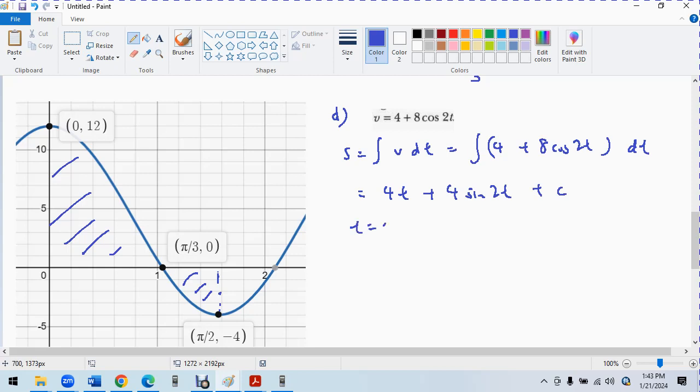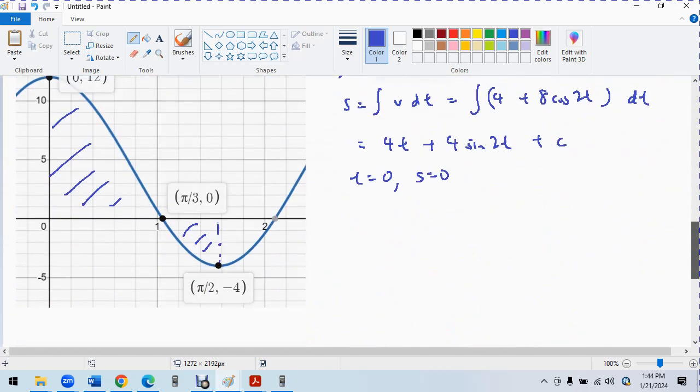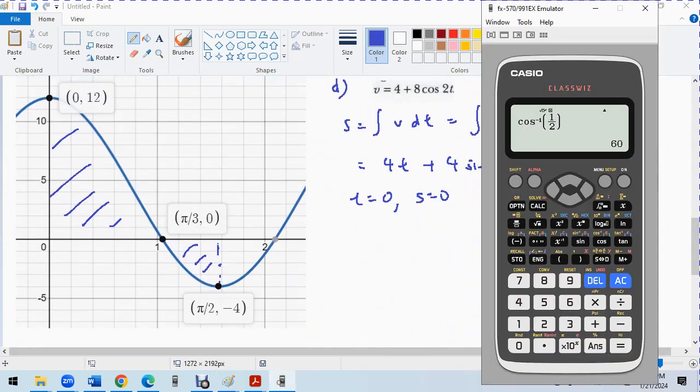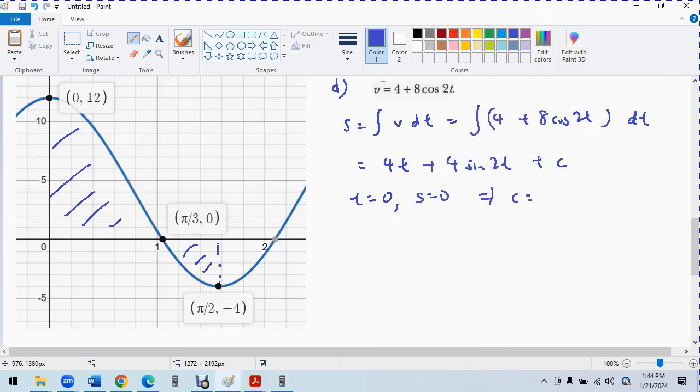We know that when t equals 0, s equals 0. Sine 0 is 0, so c equals 0. So s equals 4t plus 4 sine 2t.